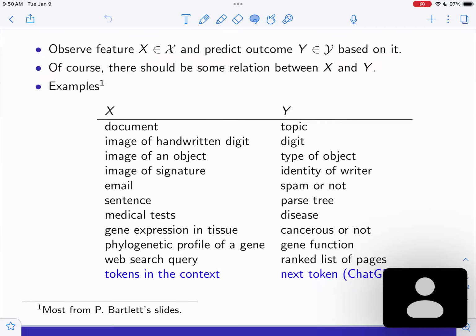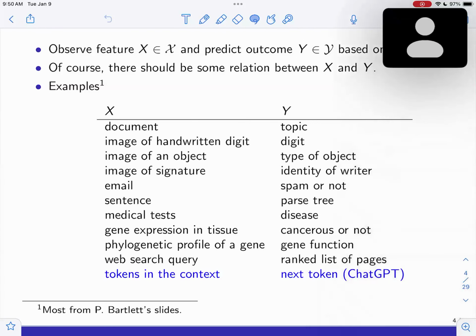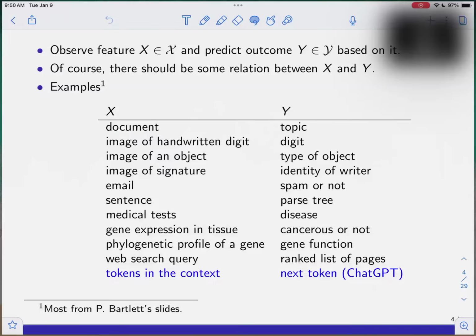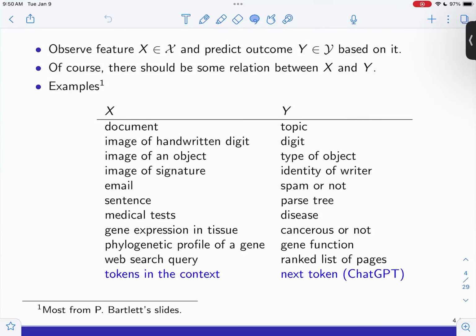And then there's this last one, which is, let's say I have a text, I look at a bunch of words in sequence. They call it the context and try to predict the next word. So for example, let's say my context has two tokens, where tokens are words.